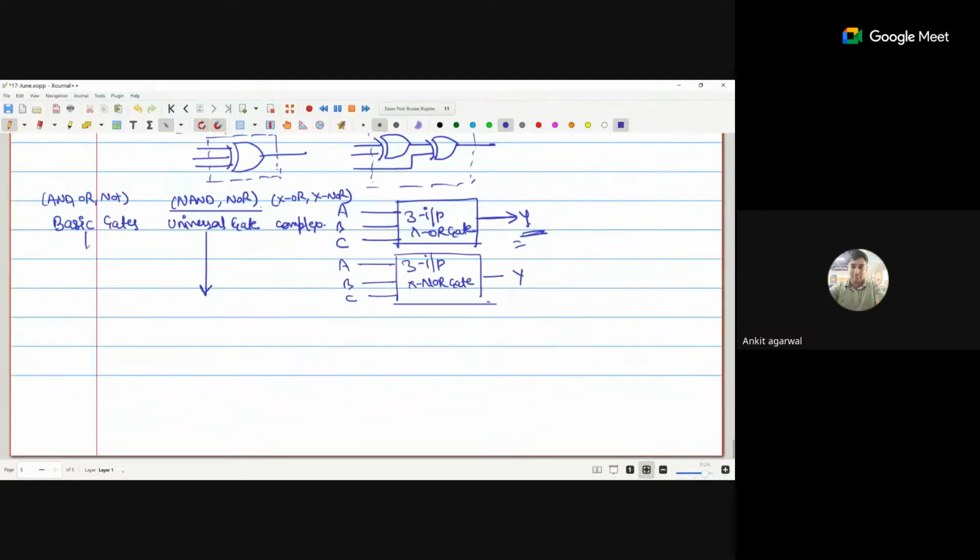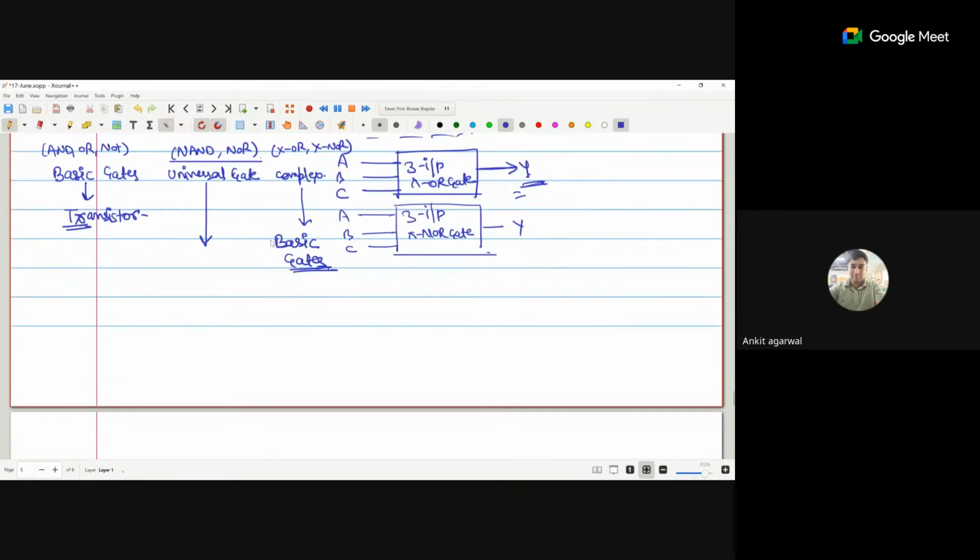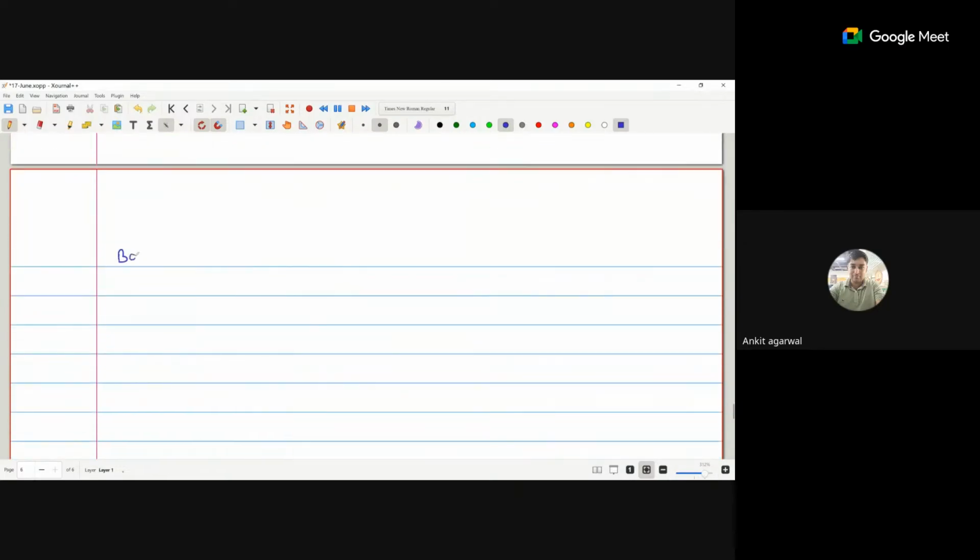Basic gates we design with the help of transistors. And complex gates we design with the help of basic gates. Now the thing is that basic gates that we design with the help of transistors, we can implement with multiple inputs.